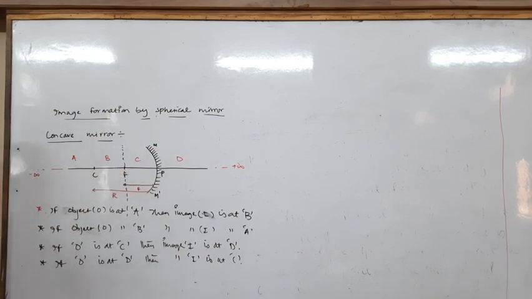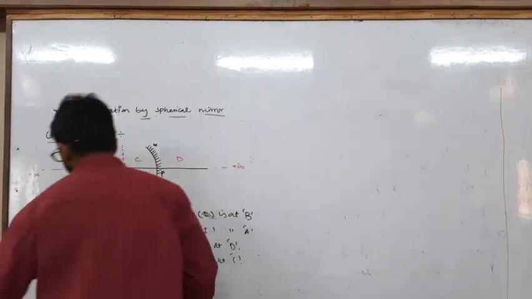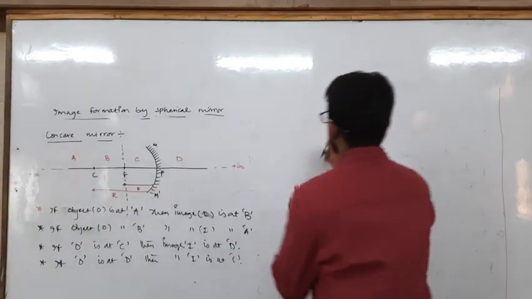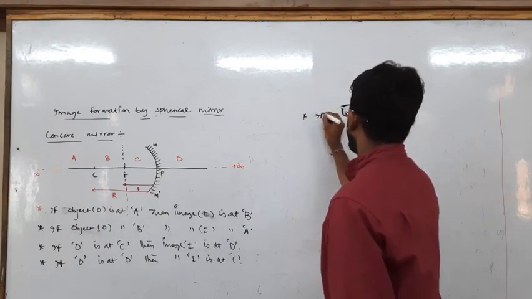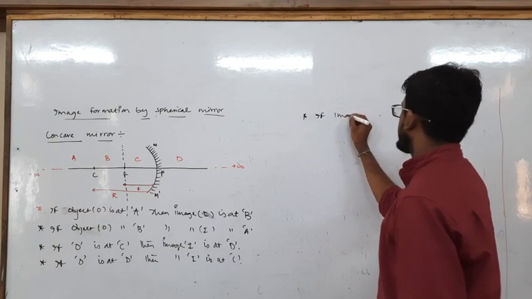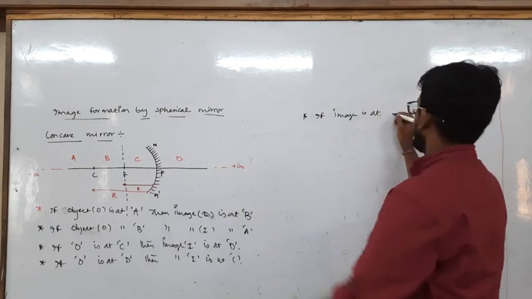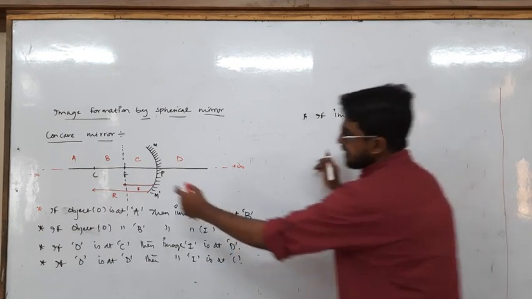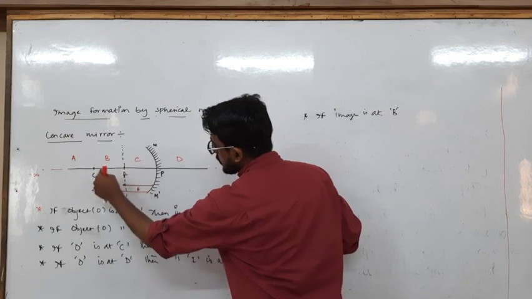Next, if the image is at B, B is a small region because it lies from the focus to the center of curvature.